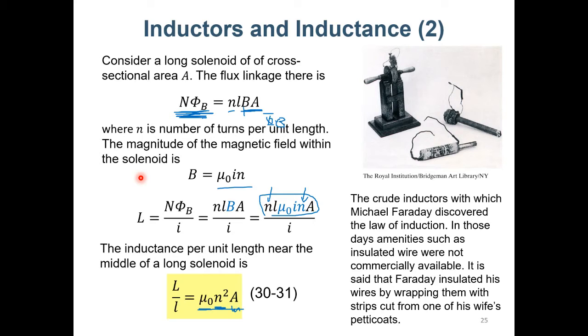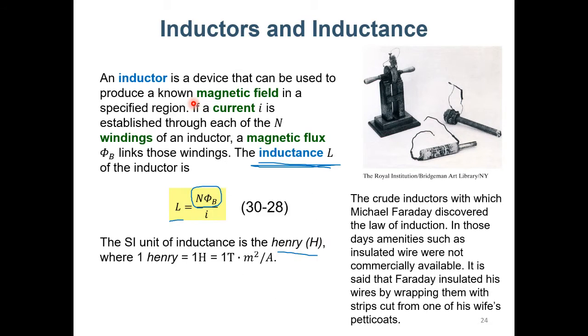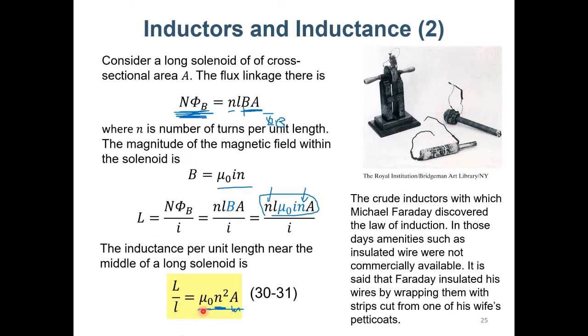How large the inductance is depends on how large the magnetic flux per unit length it can generate. So we calculate the magnetic flux and divide by the unit current and unit length.